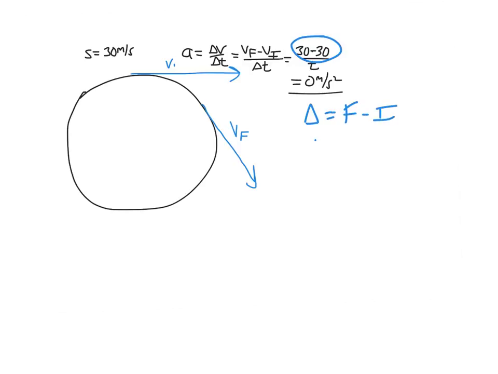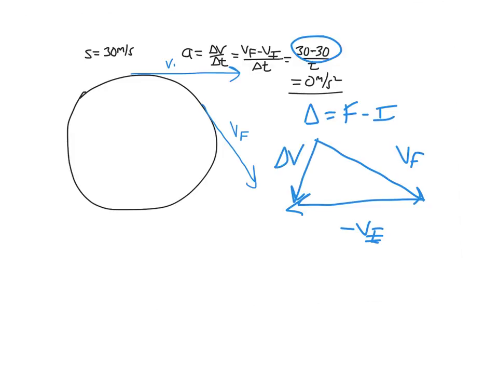V final points like this, and we don't want to add v initial, we want to subtract it, and subtracting is just adding the opposite. So minus v initial will be in this direction. That leaves this piece here as delta v, our change in velocity. It's not equal to 0. So how do we find that delta v?